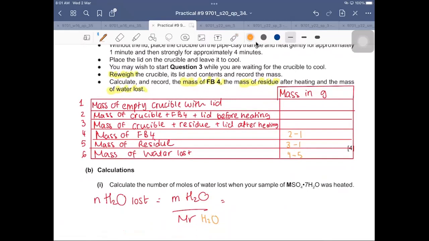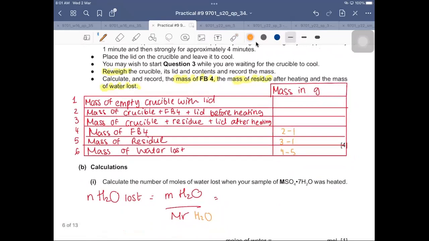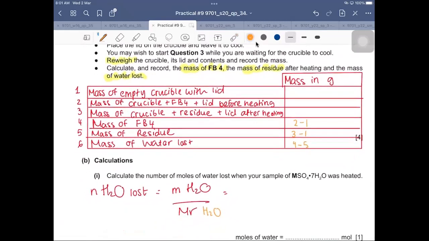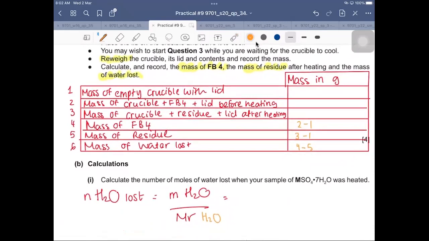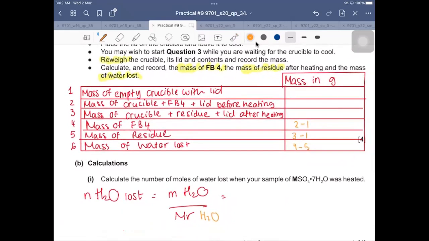Yes, that's how you find number of moles. I don't have my mass as I didn't do my experiment very well. Do you have a value for the mass of water loss? Did you manage to get anything? Huh? So what's your mass loss?